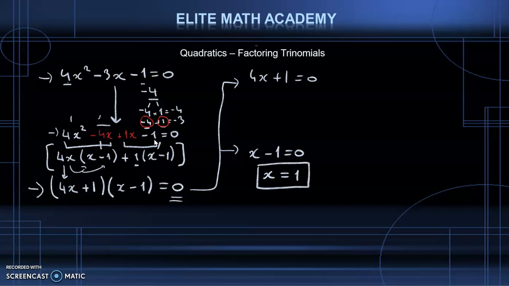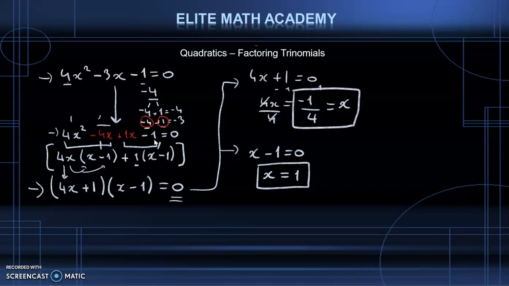The second one will be this. Let's subtract 1 from each side. 4x equals negative 1, and we will divide both sides by 4 to isolate the x. This will be x equals negative 1/4. And this is our second solution.